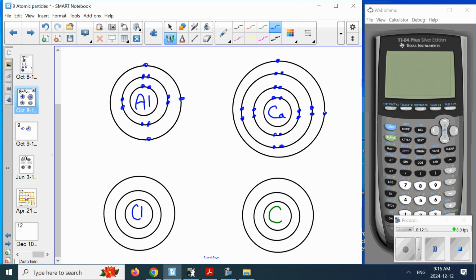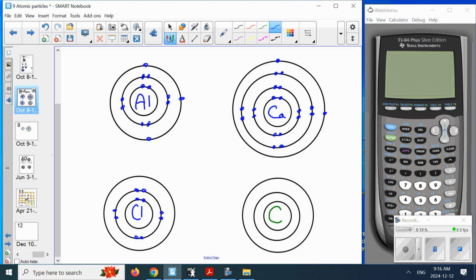On the lower line, chlorine, third row, 17. So everything you need from the first grid: 2 electrons. It has a complete second shell: 1, 2, 3, 4, 5, 6, 7, 8. And in the third ring, we're going to count again, 1, 2 from sodium over, 11, 12, 1, 2, 3, 4, 5, 6, 7.